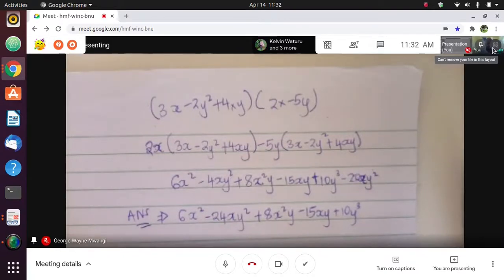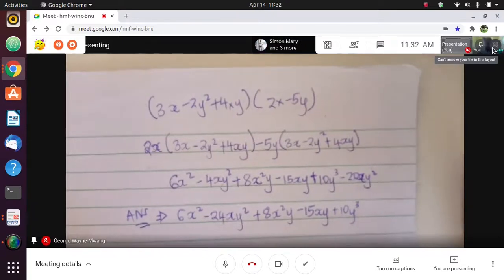Oh, no. Okay. 6x squared minus 24x squared, plus 8 squared y, minus 15xy plus 10y cubed. John, have you got the same answer? No. Where is the problem? I did simplify. Oh, please simplify.